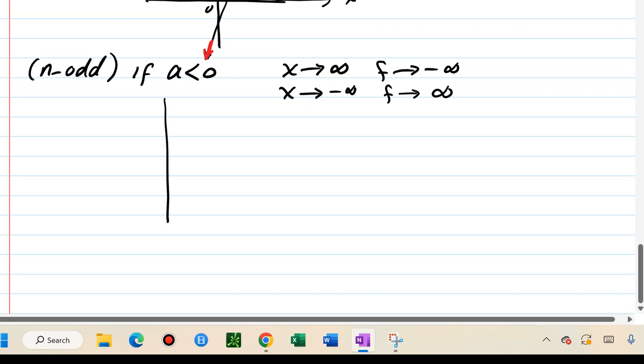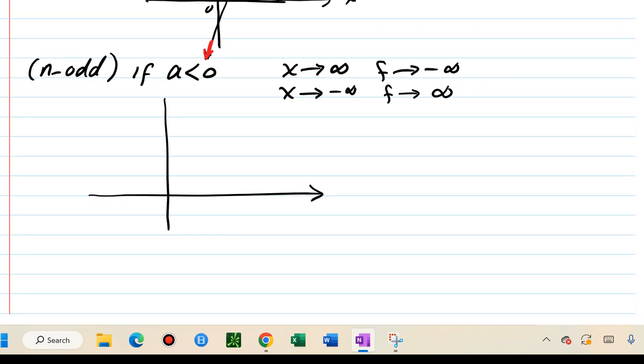Well, for a given power function of any odd exponent, so it could be x to the 7th, x to the 10th, whatever. So the function again may do this, whatever it may do, but as x goes to infinity, this is the end behavior here and the end behavior on the negative side when x approaches negative infinity.